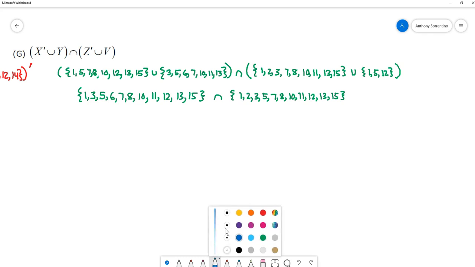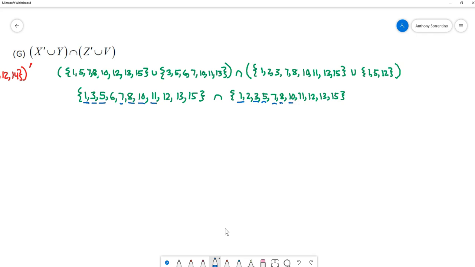I'll just go to blue and indicate, okay, well, when I look at the two sets, they both share 1. They both share 3. They both share 5. They both share 7 and 8 and 10 and 11, 12, 13, and 15.